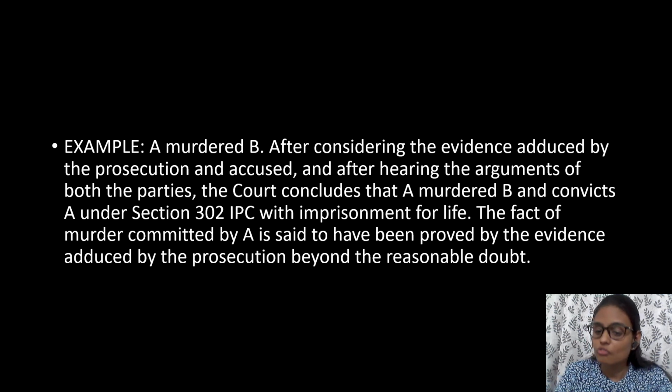This fact that A has murdered B has been proved beyond reasonable doubt, and the court has also considered it. So hence this fact is a proved fact in the court of law. So this cannot be disproved or held in the category of not proved.